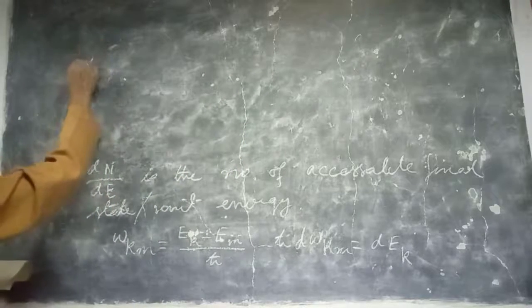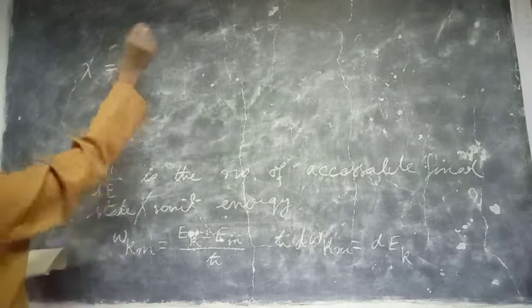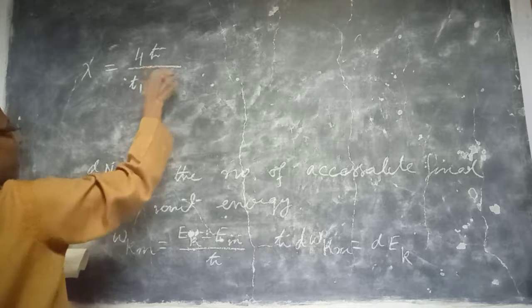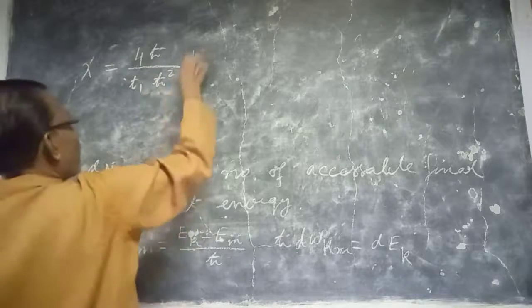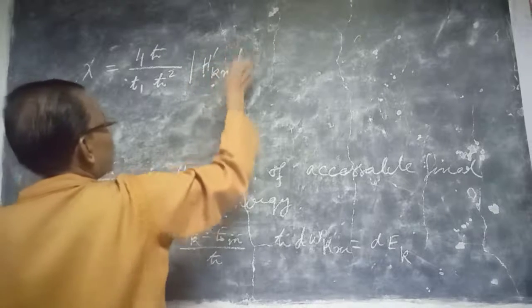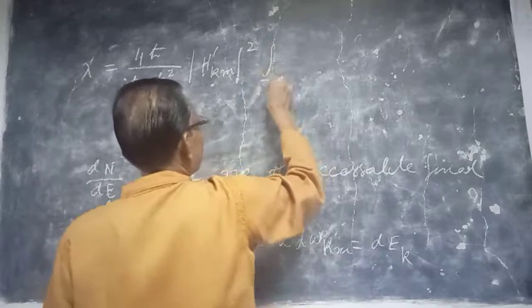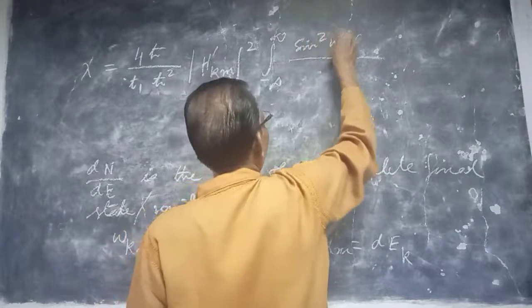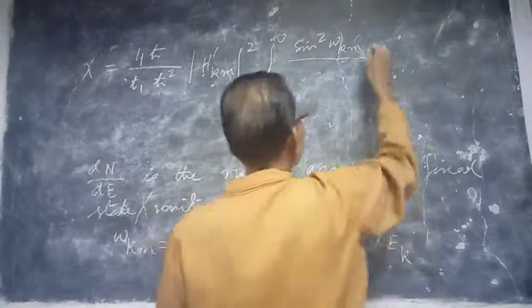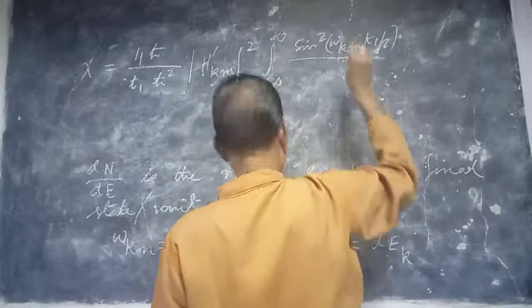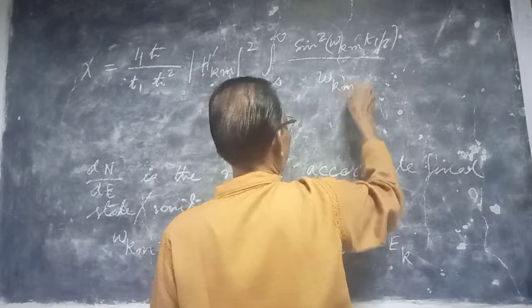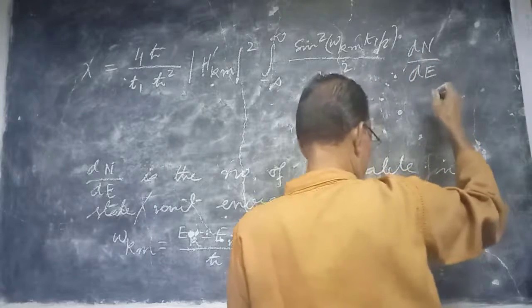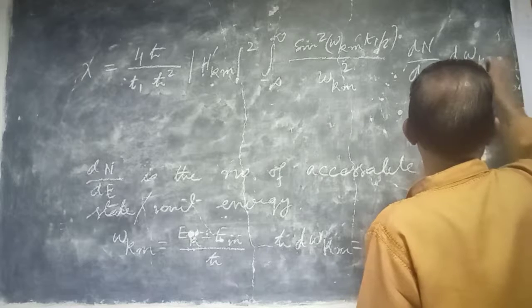Now therefore your lambda will be equal to, if you substitute in the earlier equation, 4 by t1 h cross square, H prime Km mod square, then the integral from minus infinity to plus infinity of sin square omega Km T1 by 2, by omega Km square, dn by dE, d omega Km.